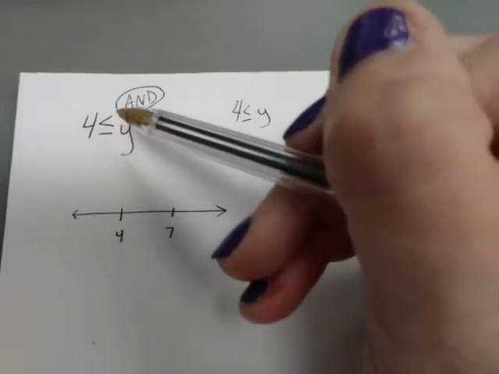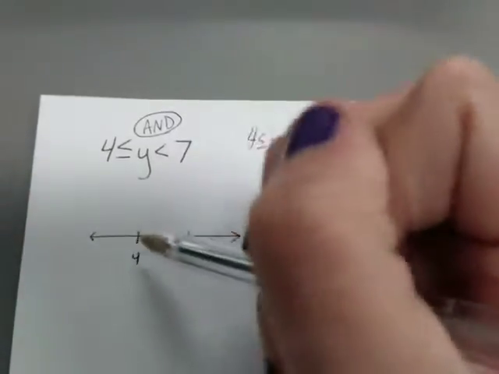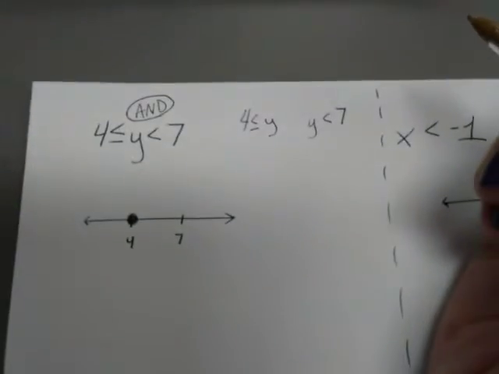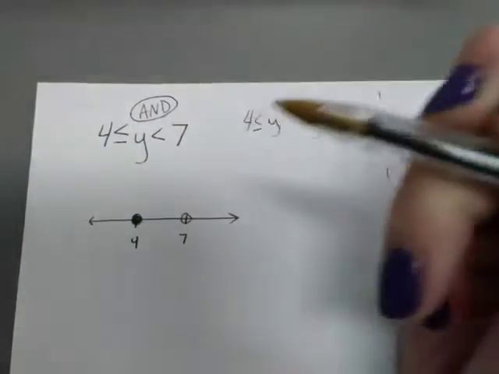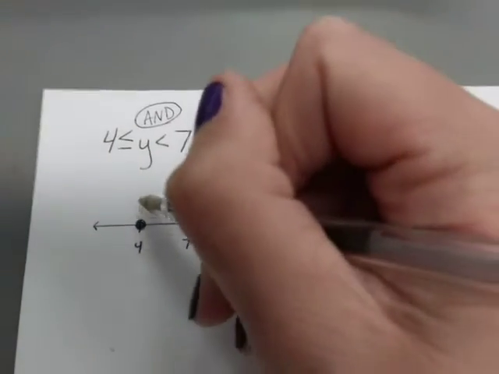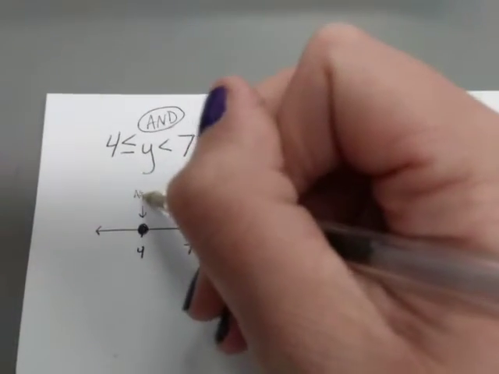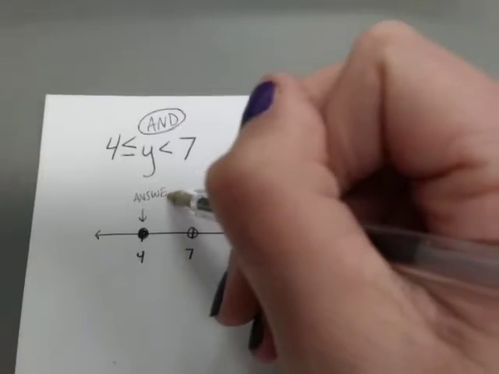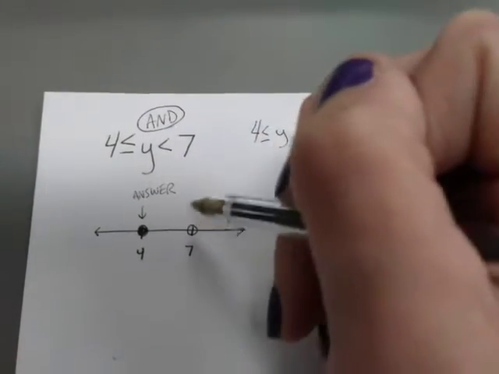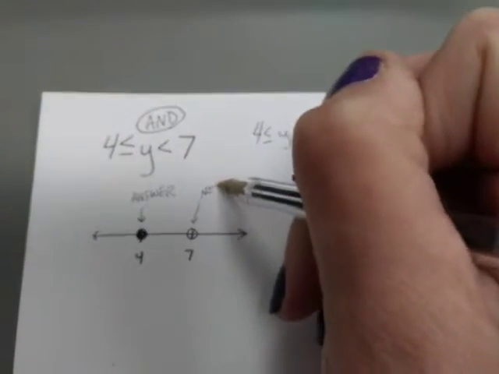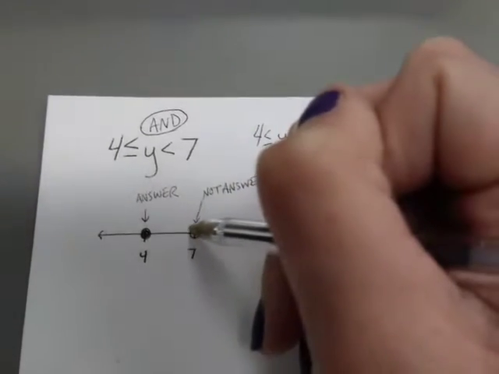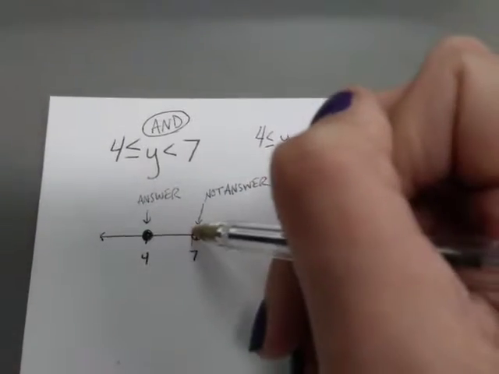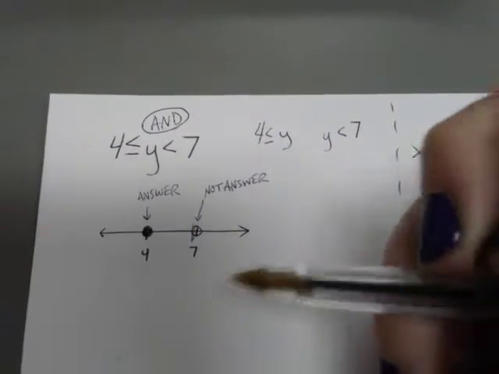So if it is less than or equal to, I'm going to put a filled in dot at 4. If it is just less than 7, I'm going to put an open dot. What that means is this: 4 is an answer. I'm allowed to use 4 and it will work in this inequality. 7 is not an answer. 7 will not cut it for me. 6.9 will cut it for me. 6.999 will cut it for me.